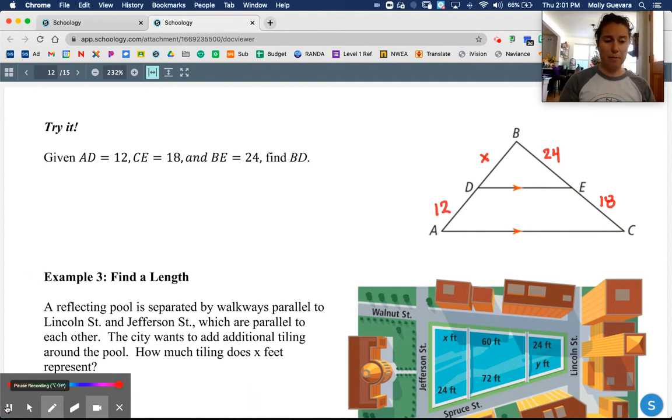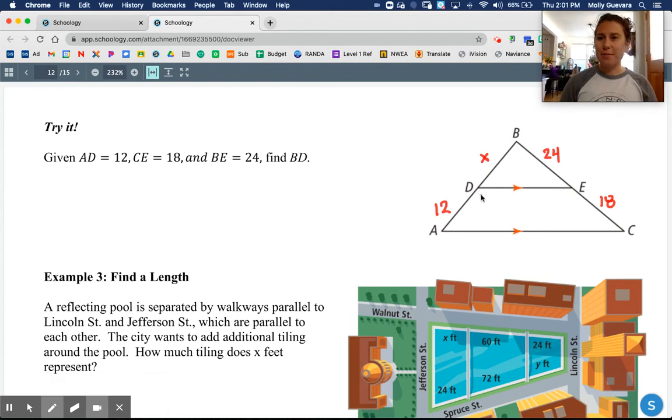Okay, so as I've been saying over and over, there's always more than one way to write the proportion. In this case, I'm going to go short side, which is 24, over short side, BD. BE over BD, which is x, equals, and then I don't even have to find the full side length. I can just do the 18 over 12.